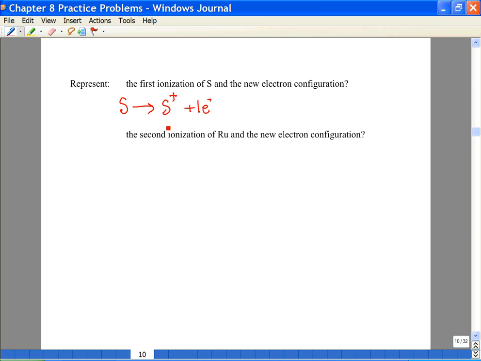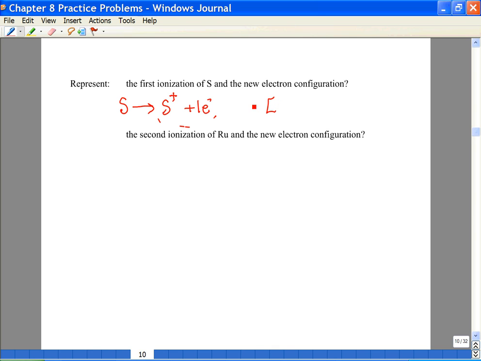So if we were to do a second ionization, we would start with this and remove an additional electron. But it only asks us for the first ionization here. Okay, so what is the new electron configuration? So for sulfur plus, the neutral atom of sulfur has an atomic number of 16.